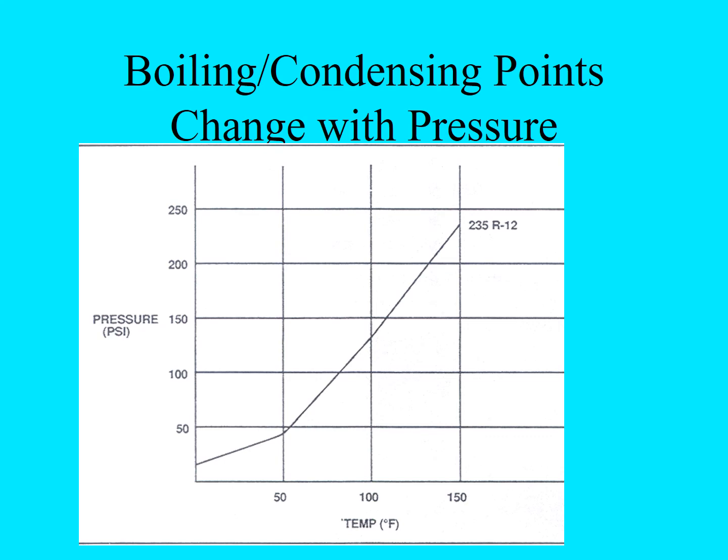So the line represents the points that the refrigerant could boil at due to the pressure. Anything on this side of the line is going to be a vapor. Okay, so this is the vapor side. Anything on the other side of the line is going to be liquid.